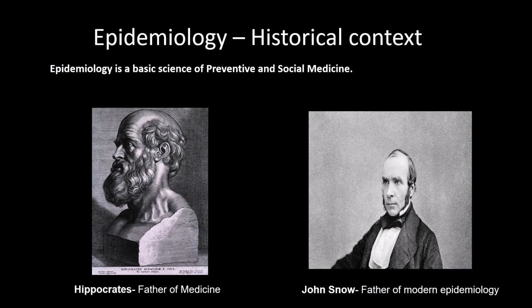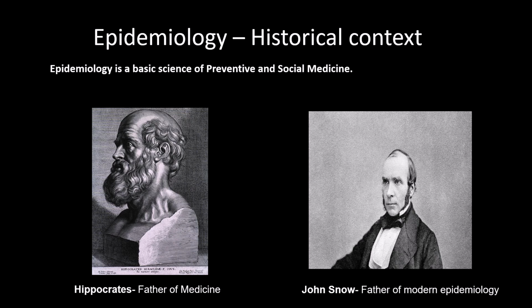It bloomed with the evidence of John Snow, who is known as the father of modern epidemiology, who laid the foundation for modern epidemiology with his work related to cholera.